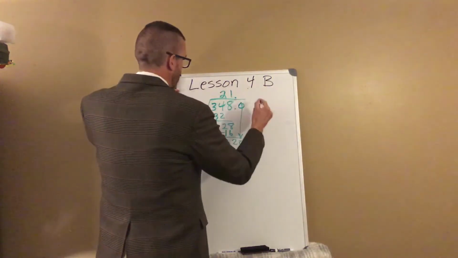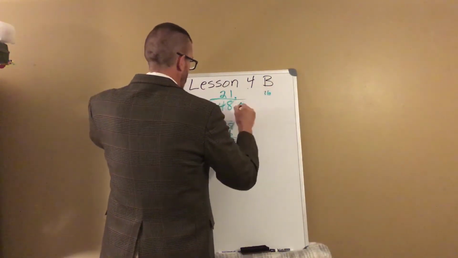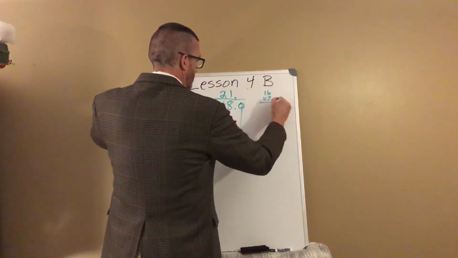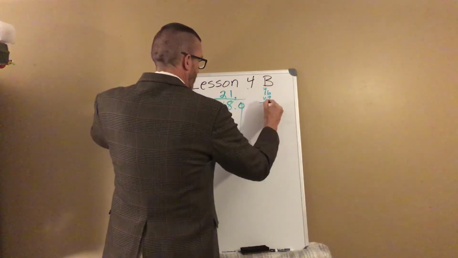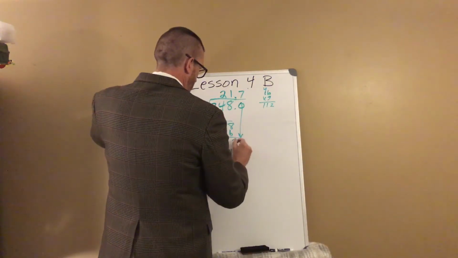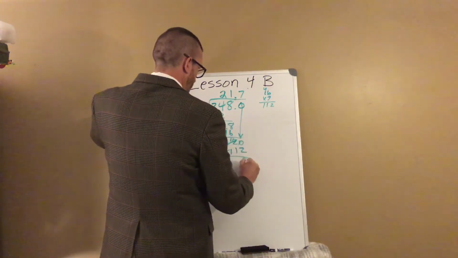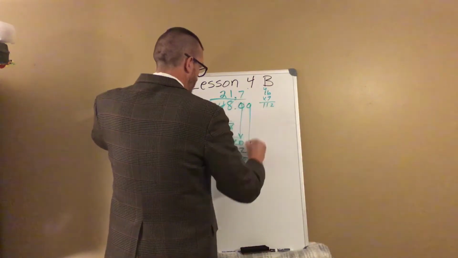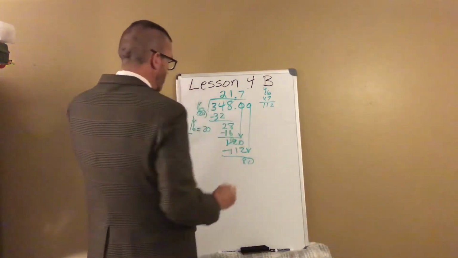Well, they gave us the answer. We know 16 goes into 12 zero times. Still do this, and we get 112. All right, regroup. We get 8. Bring down another 0. 16 goes into 80.